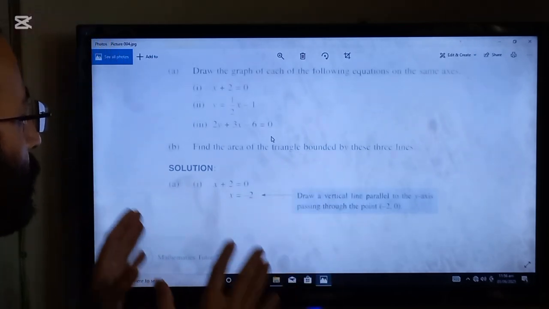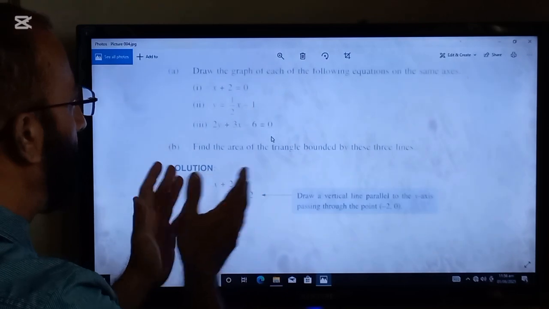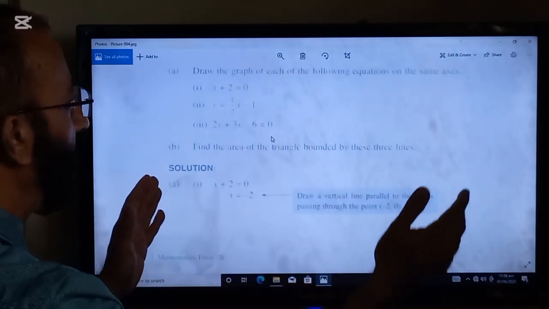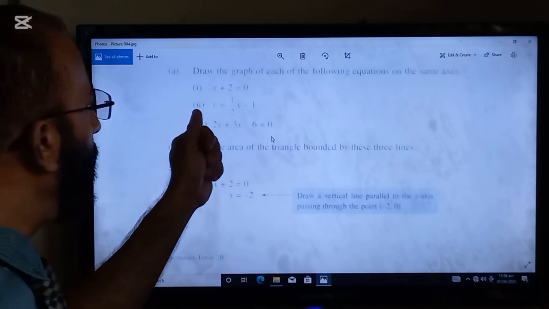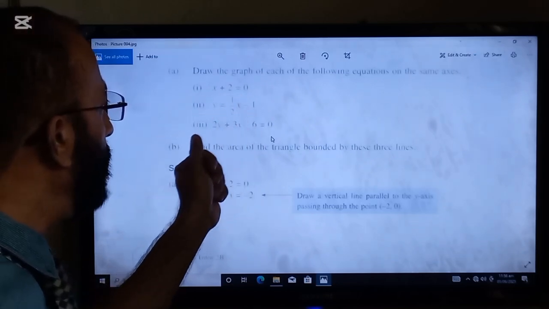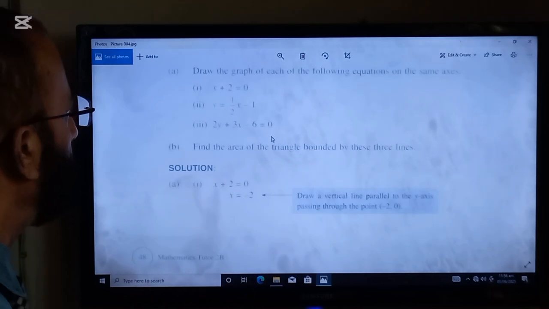So the method to solve this kind of question is, we will solve all these three equations separately. We will make a table of the values for the first part, then the second part, then the third part.